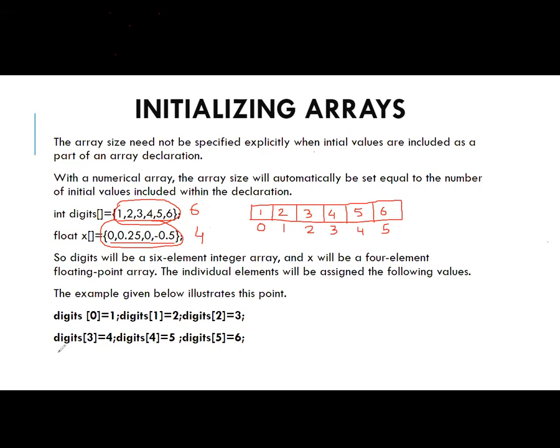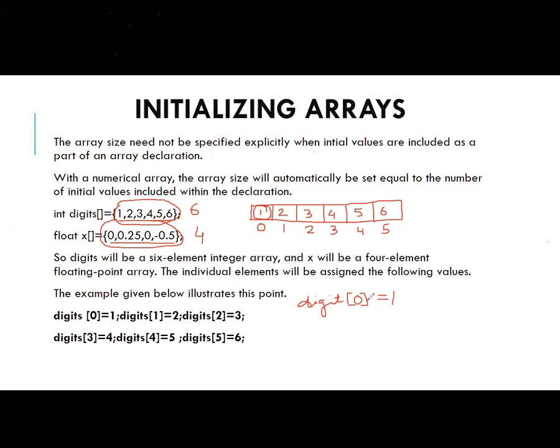If I want to access this element, I have to access it by the name of the array and the index position. What is the name of the array? Digit. And what is the index position? 0. In this index position, what is the value? The value is 1. So if I want to access this value, I'll have to use the index position along with the name of the array in square brackets.